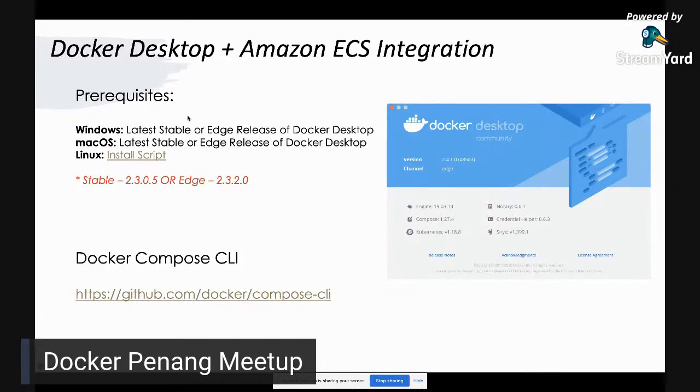The prerequisite for you to have this setup on your machine is that, based on your operating system, you need to have the latest stable or edge release of Docker Desktop. And all those features which you see integrated with Docker Desktop exist because Docker open sourced the Docker Compose specification back in July, I think, where all the major cloud providers joined the open source project.